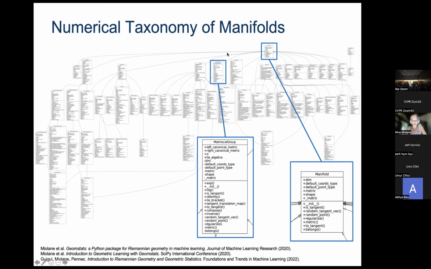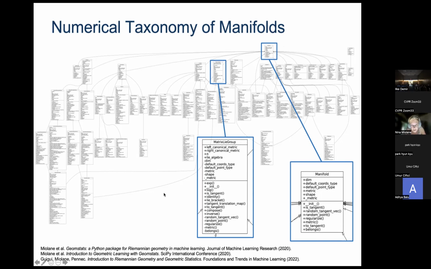For example, one level down, you find the manifold matrix Lie group. A Lie group is a special case of a manifold. It's a manifold that has an algebraic group structure. So therefore, matrix Lie group is on the second level of the hierarchy. It inherits from the Python class manifold because it's a special case of manifold. And then you go down this hierarchy, and at the very bottom you have the leaves. And these are manifolds that you can actually instantiate.